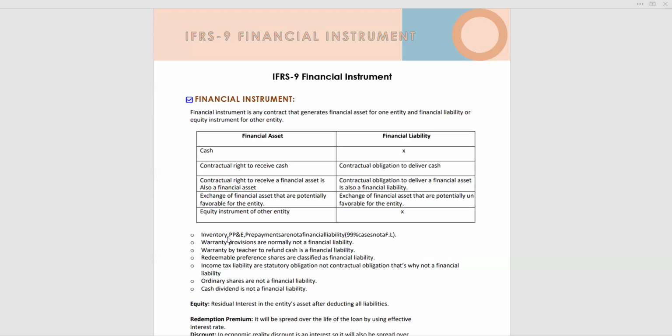Redeemable preference shares are classified as a financial liability because the issuer has the obligation to deliver.